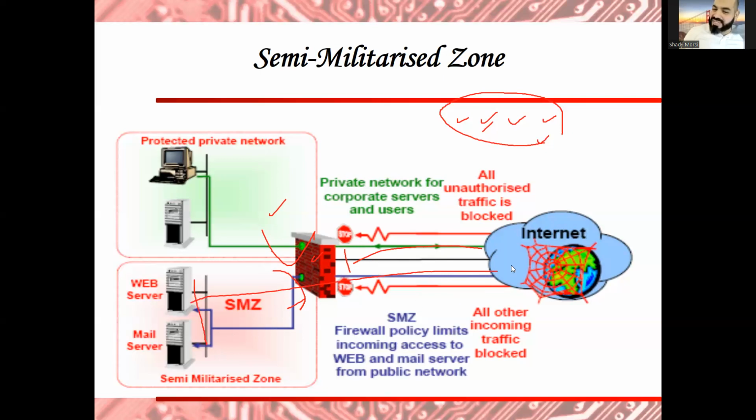I will allow external users, users from outside, to reach my web server, but I will limit the damage if someone manages to compromise the server, because he is still not in my internal network. If he is in my internal network, guys, and he compromises one server, it's a disaster. Khalas, game over.